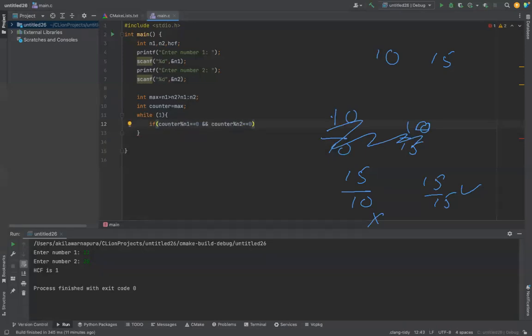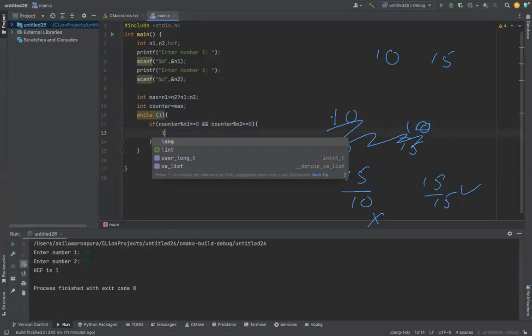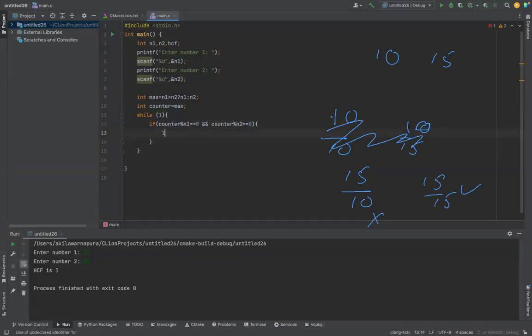Okay, if it is equal, that means that is the least common multiple. We don't have a variable for that, so let's say least common multiple equal counter variable.